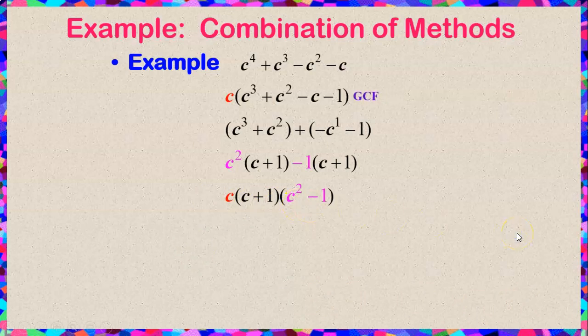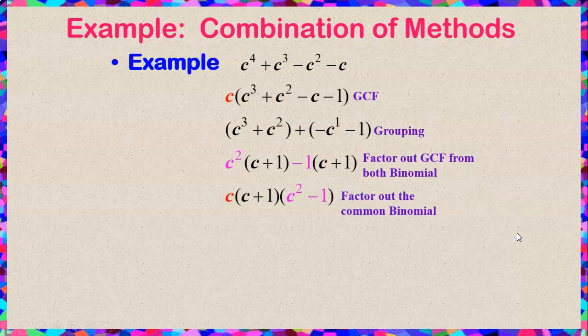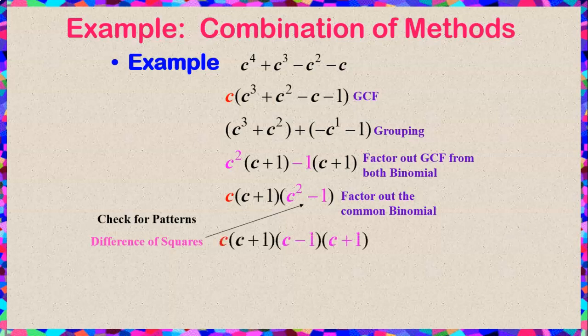But remember that we need to check our patterns. And so when we factor that out, hopefully you see that that's a difference of squares, because c squared is c times c, 1 is 1 times 1, and it's connected by a minus. That means that's going to break down further. So when I break that down into c minus 1, c plus 1, that's only part of my answer, because I still had a c plus 1 from here, and I had a c from here.